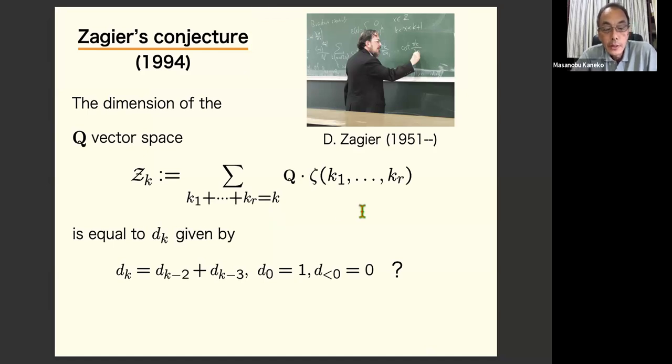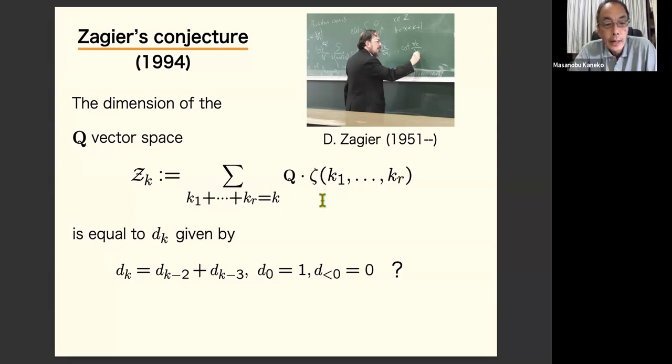He considered the Q-vector space spanned by these multiple zeta values of fixed weight k. Weight is the sum of the indices, so this r also varies.